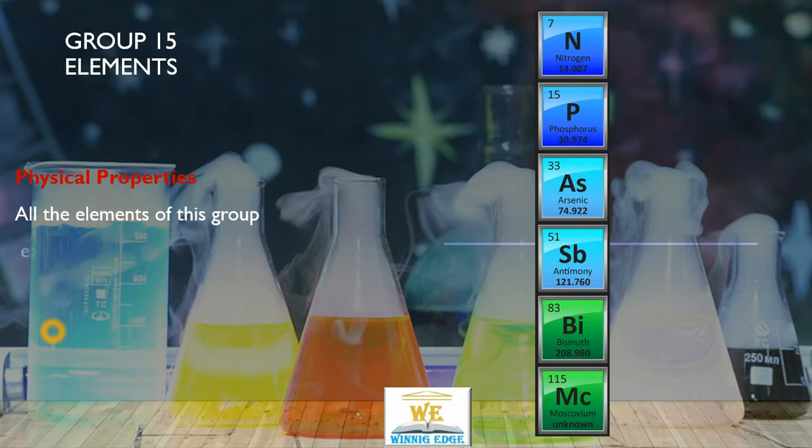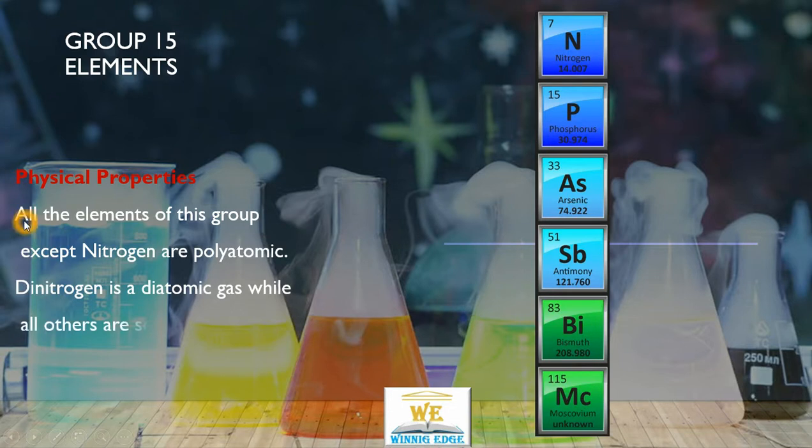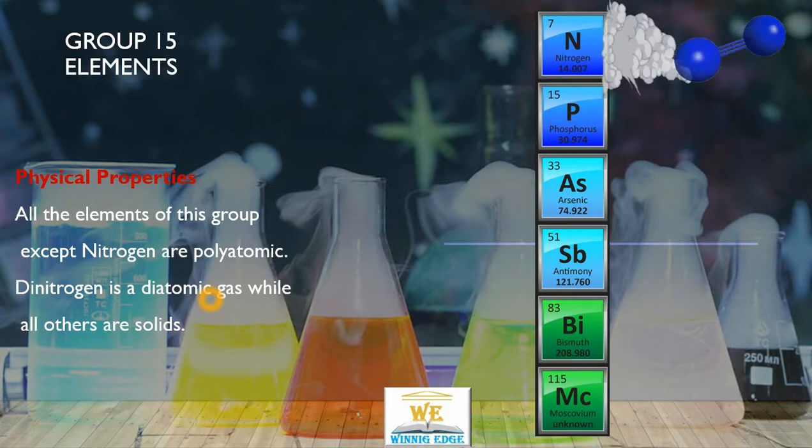Now we will talk about the physical properties of group 15 elements. All the elements of this group except nitrogen are polyatomic, meaning they exist as more than two atoms together. Nitrogen exists as a diatomic gas, while all other elements are solid.